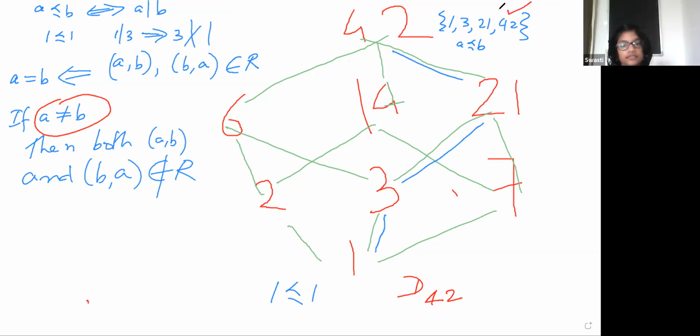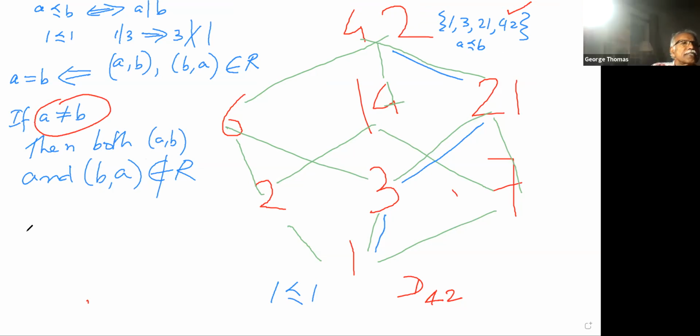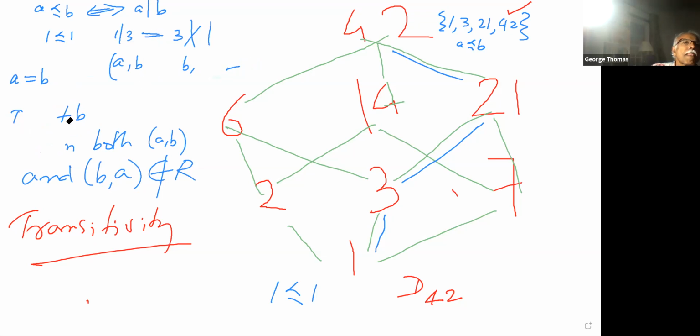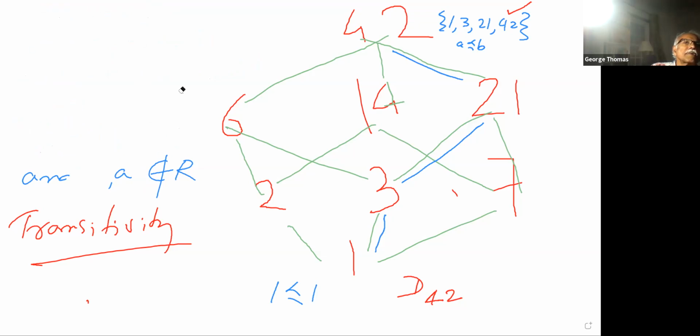Yes. And is transitivity satisfied? Yes, usually it is. 1 divides 3 and 3 divides 21, 1 divides 21. Well, actually, let's prove it another way.